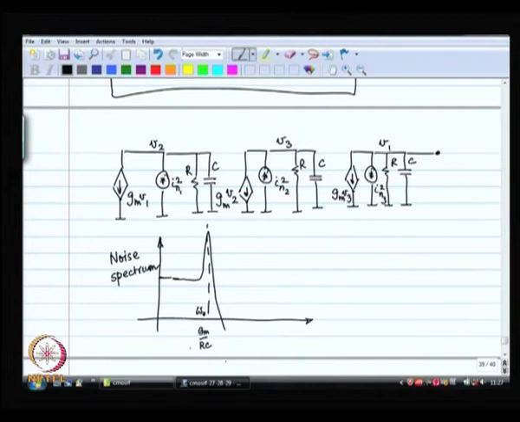So, noise will be there all over from DC to a frequency 1 by RC or so. So, all of this is called phase noise.